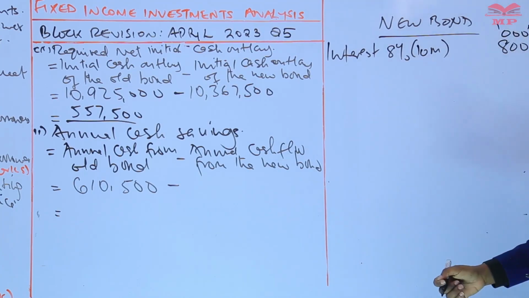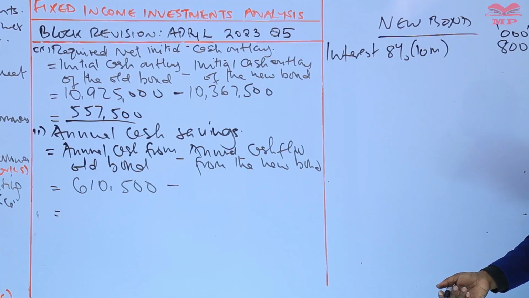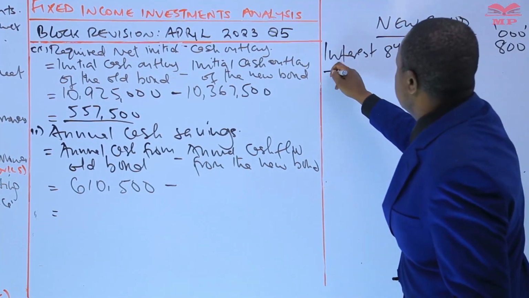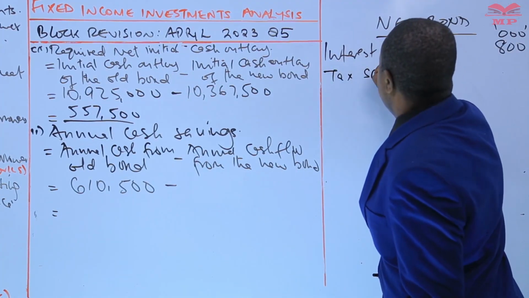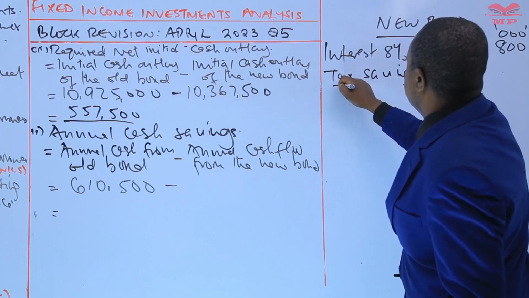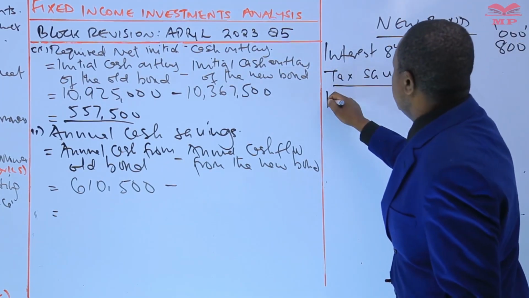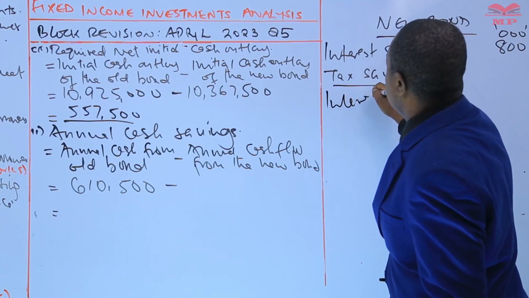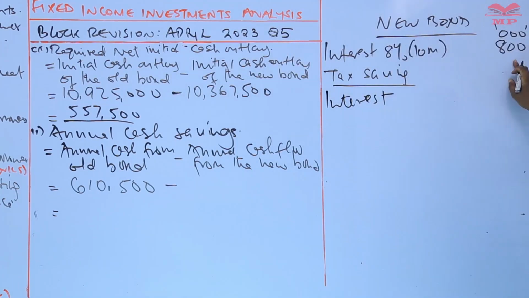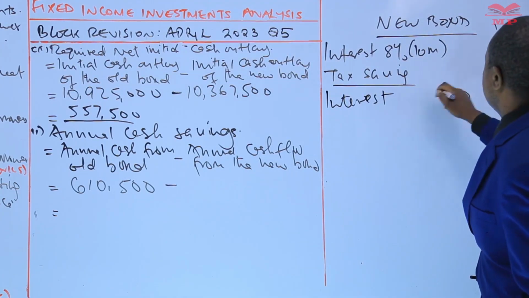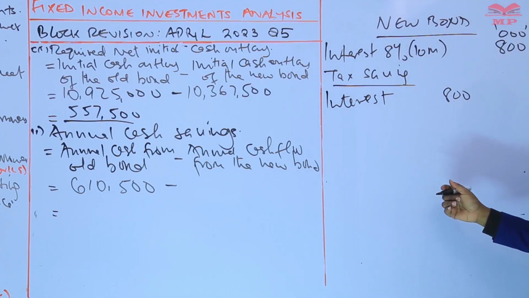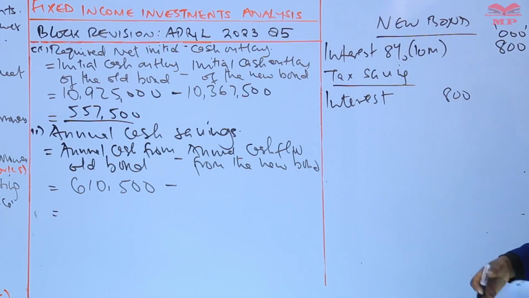Then we deduct the tax saving. The amount that is available for tax saving: interest, 800.